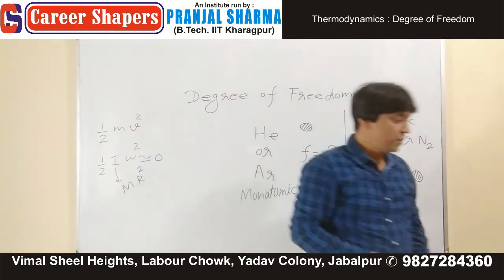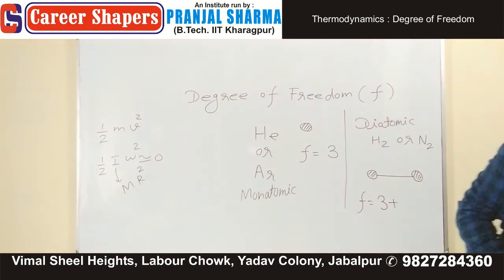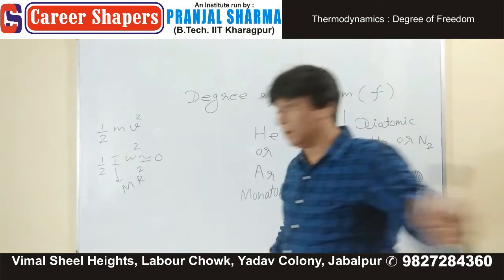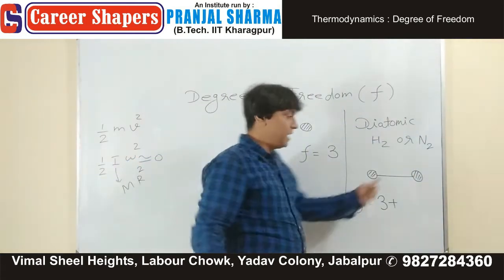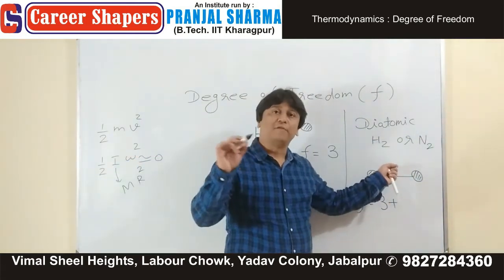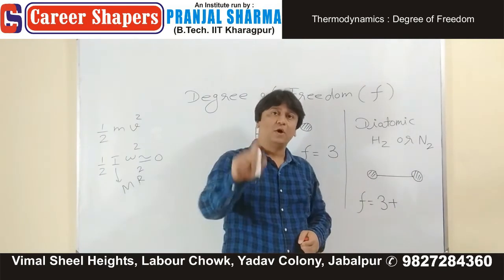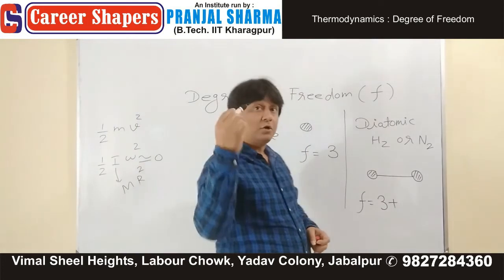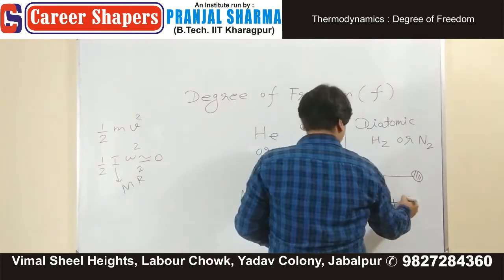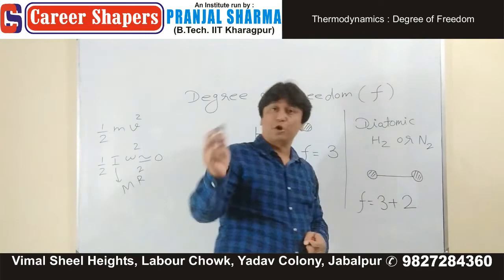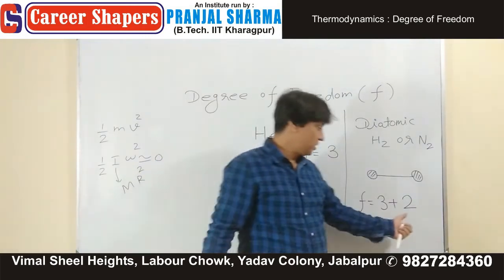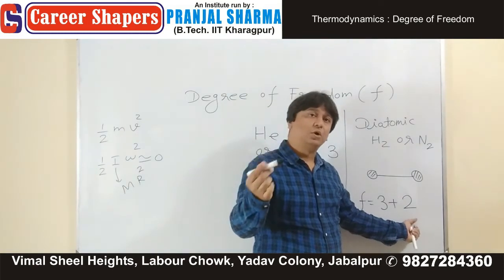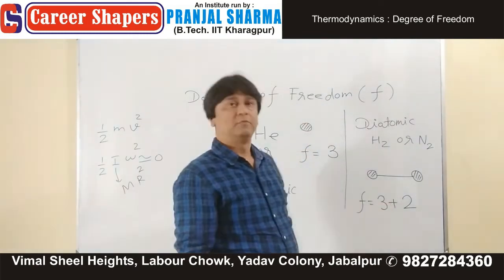Which means when you talk about rotational kinetic energy of a diatomic molecule, out of 3 axes, 1 axis is useless. There are 2 which contribute in degrees of freedom, which contribute in kinetic energy, and therefore they must be used, giving us a total degree of freedom 5.